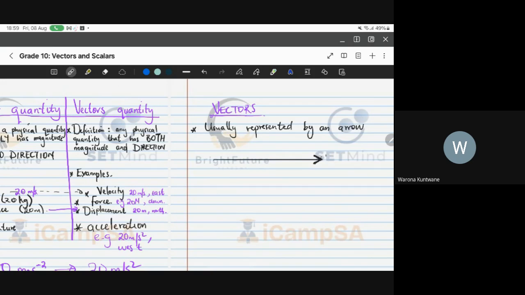Right? So remember what we said, it has both magnitude and direction. So what would be the magnitude in this arrow? It would be the length of the arrow. The length.